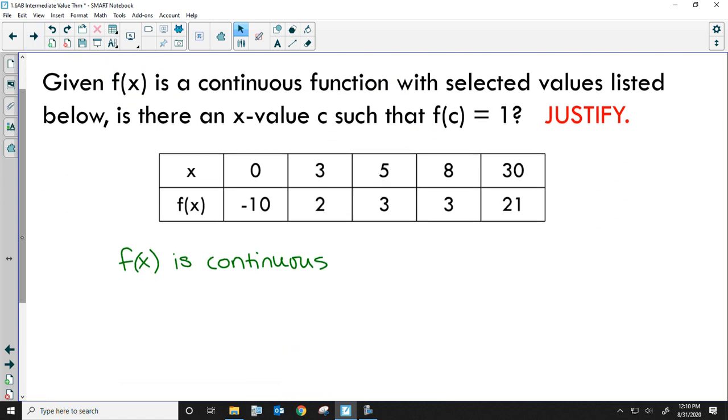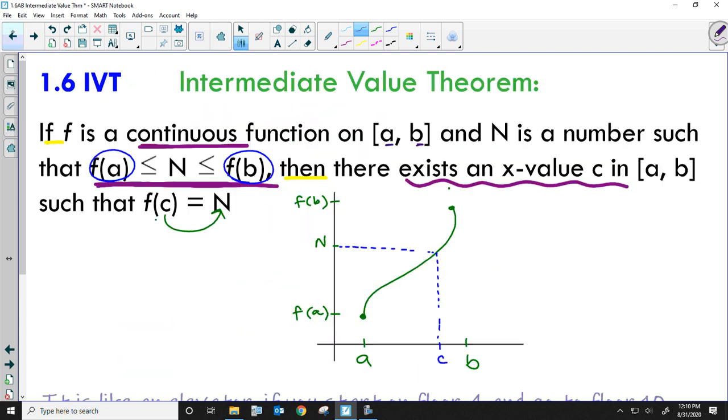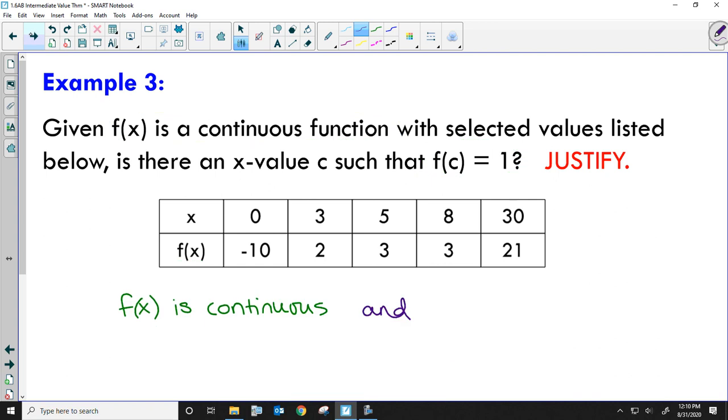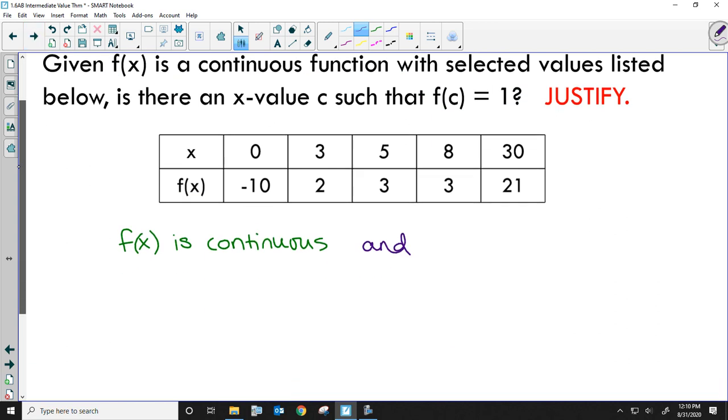So I'm stating that f of x is continuous, and I also need to state that inequality. So where's my definition? This guy right here, this inequality. Okay, so I need to find the output at both of the endpoints and then throw the 1 in between them, right?